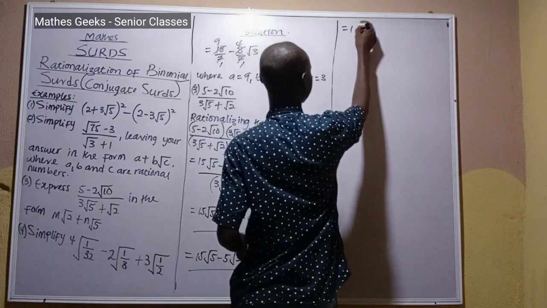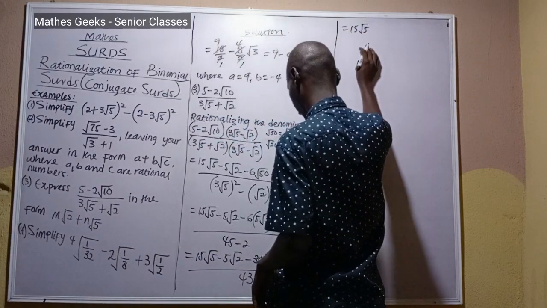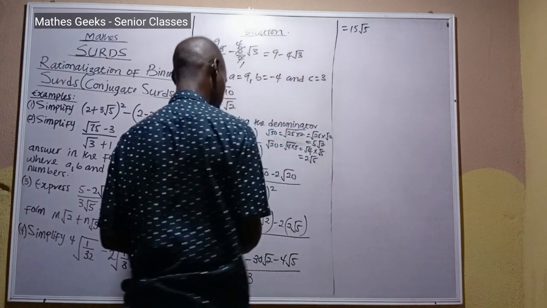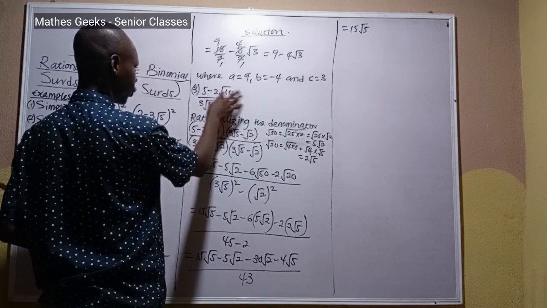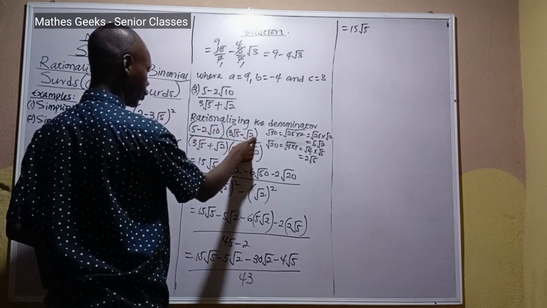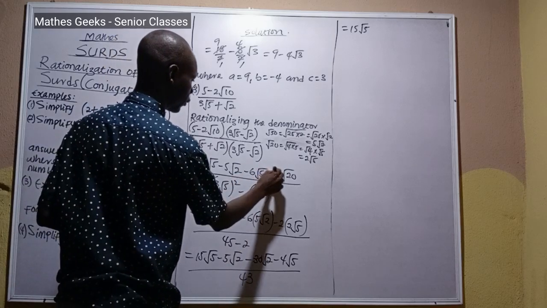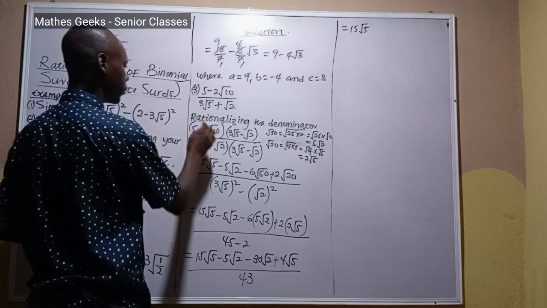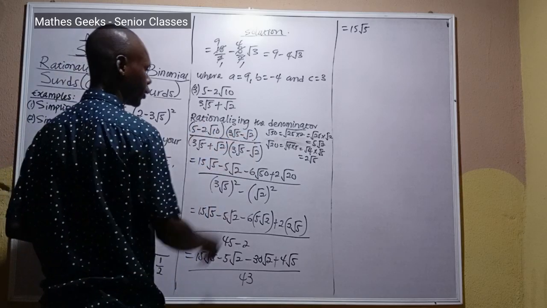15 root 5 minus 5 root 2. 15 root 5 here is supposed to be plus, yes, minus 2 root 10 minus root 10 minus root 2. So minus root 2 times minus will give us plus. Yes, plus, minus root 2 times minus root 2 will give us plus 2 root 20.